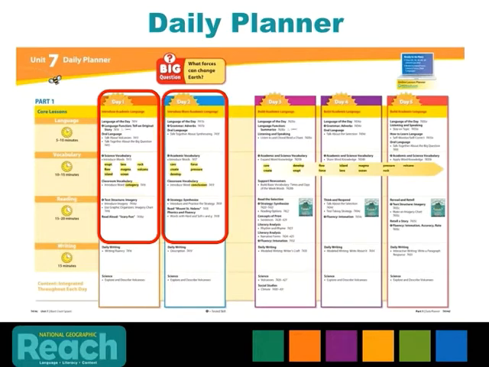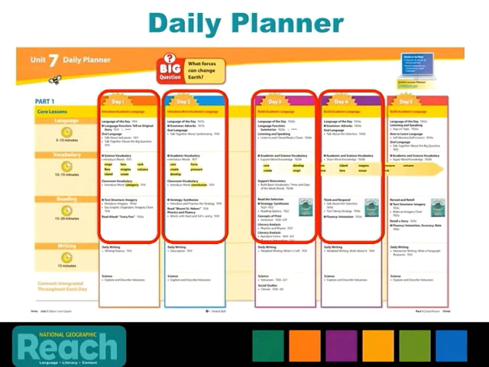Day 2 introduces more academic language, the grammar skill, academic vocabulary, and a reading strategy. Day 3 continues to build academic language and introduces students to the second language function. Students also receive focused instruction on the reading strategy as they begin reading the selection. Reading the selection continues on Day 4 as students continue to build academic language.